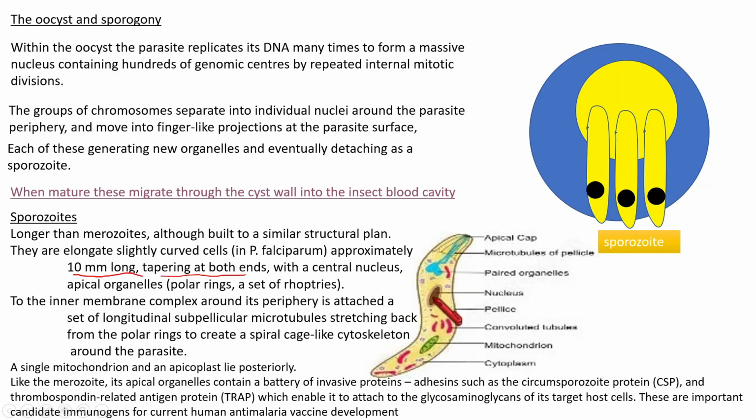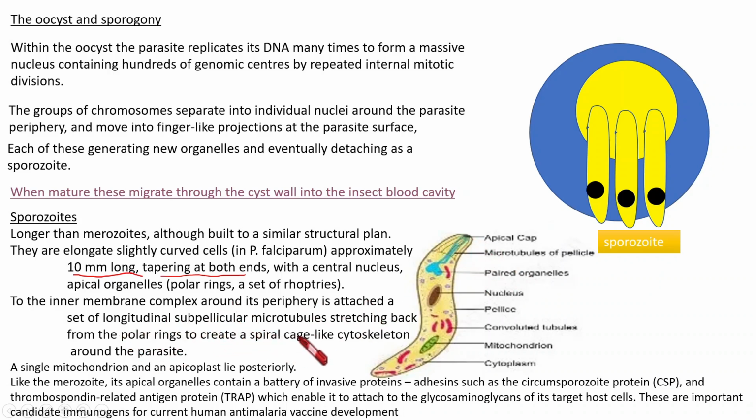And many apical organelles are also present. Polar rings we can also see, with a set of rhoptries, and then the inner membrane complex. Inner membrane complex means those membranes that sit below the plasma membrane. And it is attached with a set of longitudinal subpellicular microtubules.